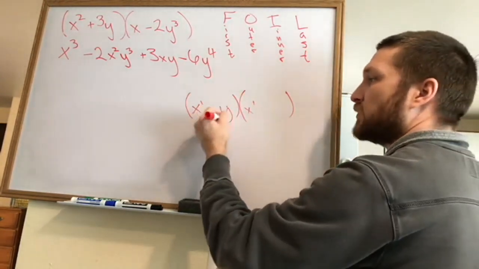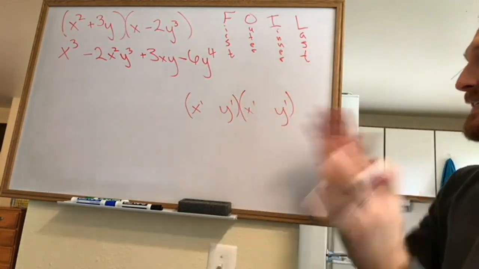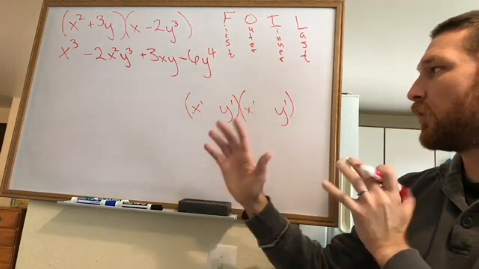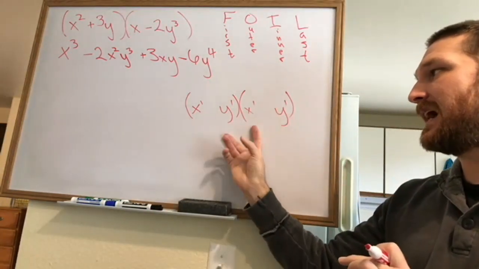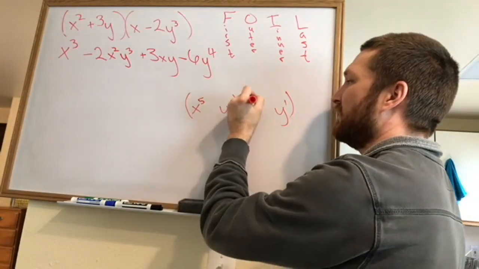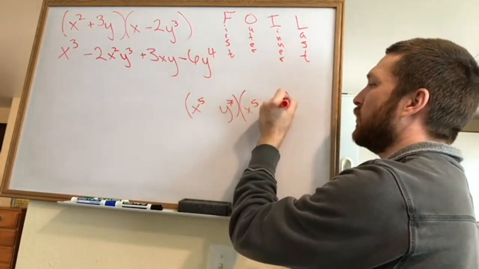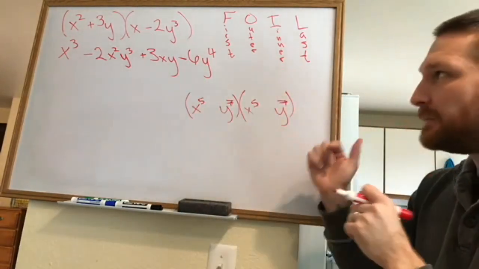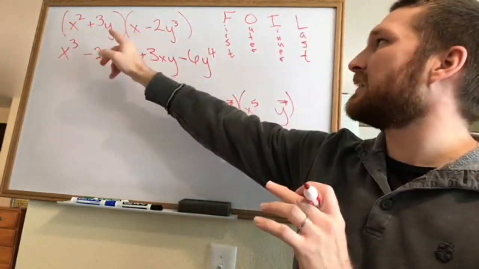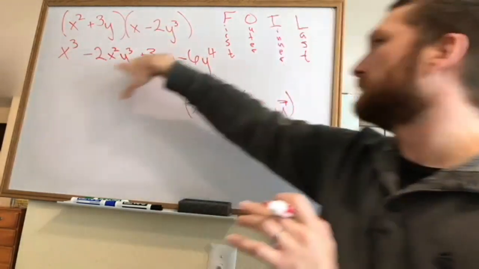What was over here was y to the 1, and this one happened also to be y to the 1. So we would see the ascending and descending powers whenever that's the case. If this were an x to the 5 and an x to the 5, and those were also the same power, like y to the 7, y to the 7, then we would see that. When they're not, like here where we have x to the second and y to the first, y to the third, you can't expect that to happen.